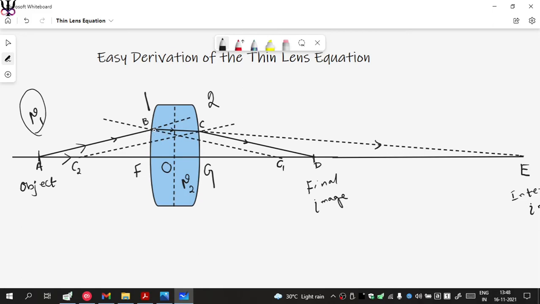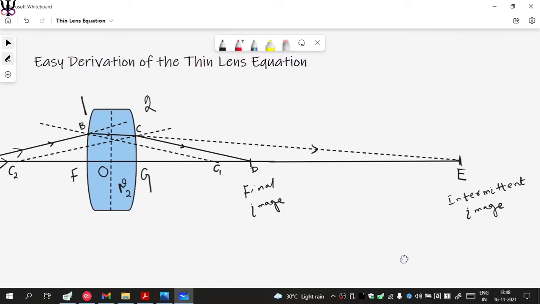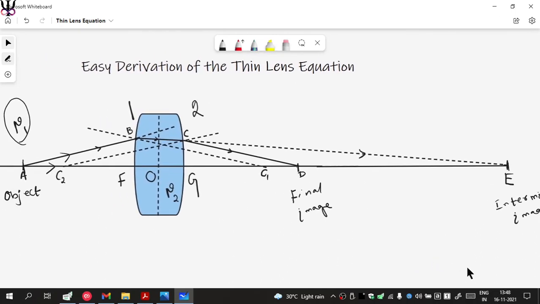After the first refraction, the same ray BC will keep traveling along BCE and somewhere hit the principal axis at E, and at E there will be an intermittent image for the first refraction. However, there is interface 2.